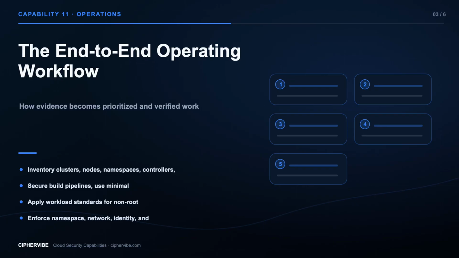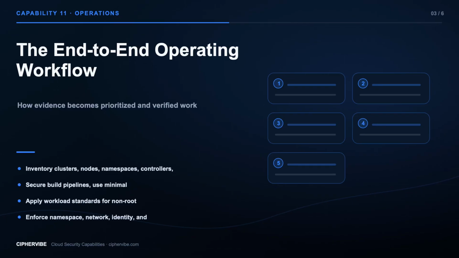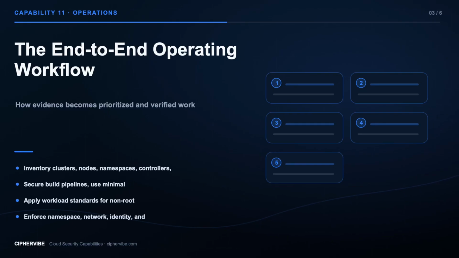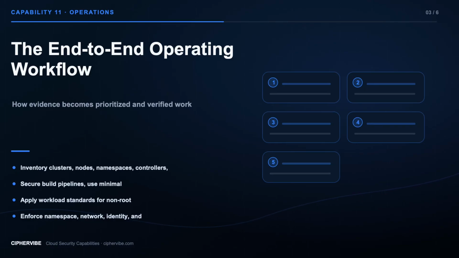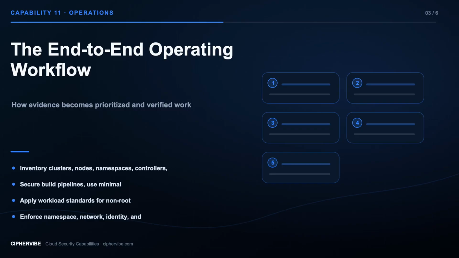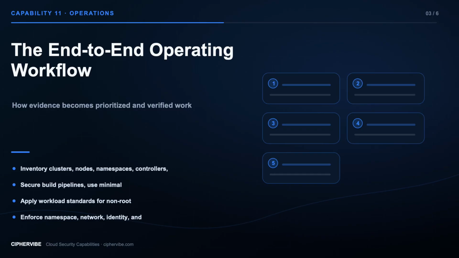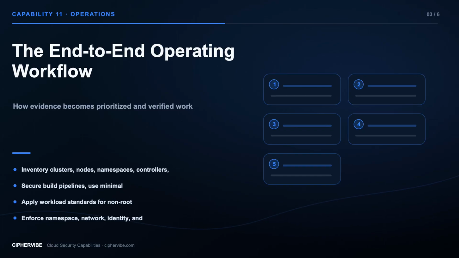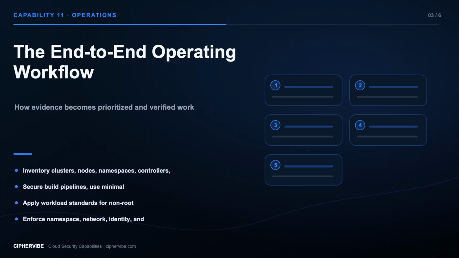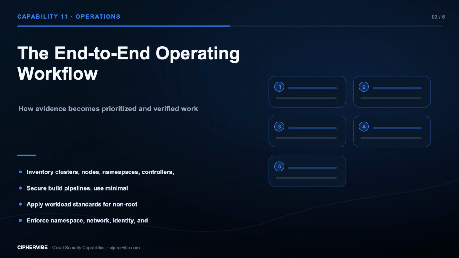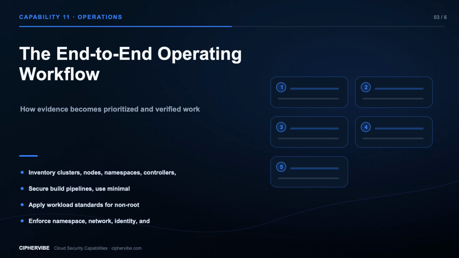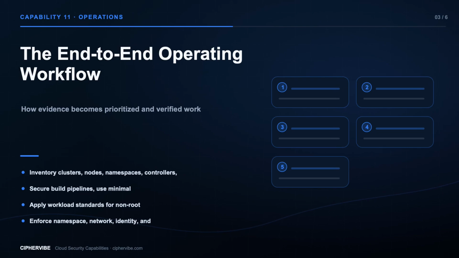Third, apply workload standards for non-root execution, read-only file systems, dropped capabilities, resource limits, and restricted host access. Fourth, enforce namespace, network identity, and secret boundaries according to application trust relationships. Fifth, monitor runtime behavior and investigate drift between declared configuration, deployed workload, and active process behavior.